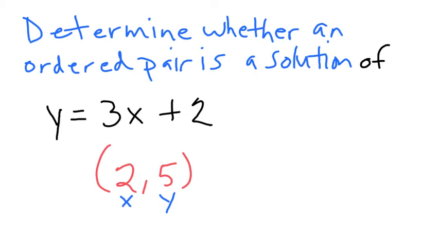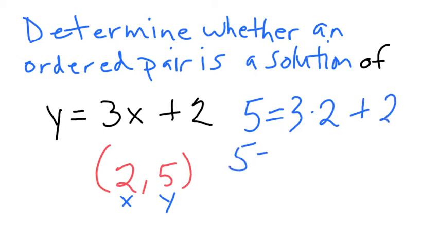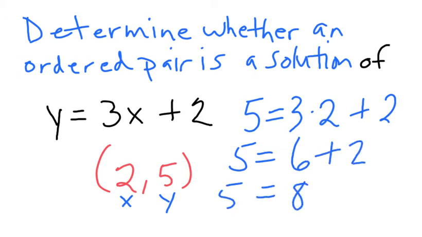So, in this case, you would say 5 goes in y's spot, so 5 equals 3 times 2, because 2 is x, plus 2, and you would do the math. Well, 3 times 2 is 6. 6 plus 2 is 8. 8 does not equal 5. So that means that the ordered pair (2, 5) is not a solution of this equation. So your answer would be no.